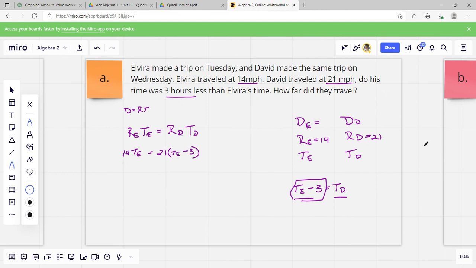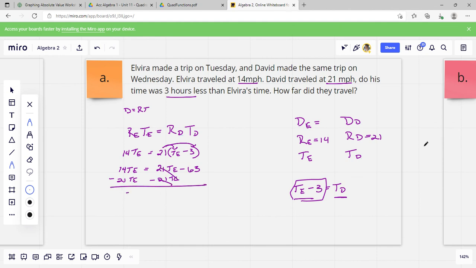And there we go. We only have one variable. We're going to distribute that, so 21 TE, and then 21 times 3, which would be 63. Okay, this is 14 TE. Now we're going to subtract 21 TE. Those cancel.